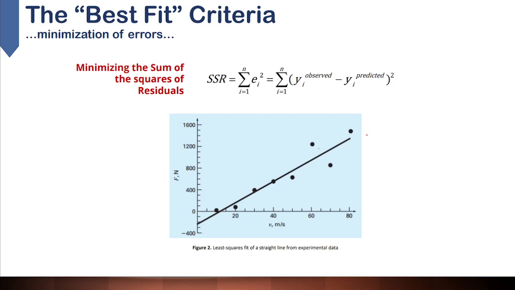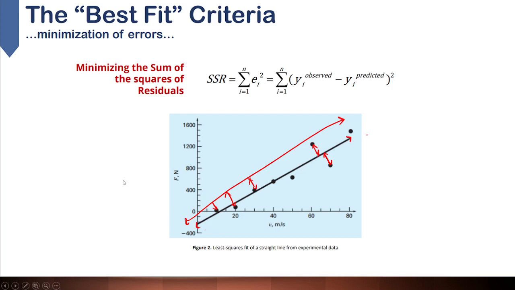If you compare this to another line like this, there will be more errors, because it is not the best fit. So this kind of line is what we are looking for, in which we could optimize and create the minimal error from the equation.